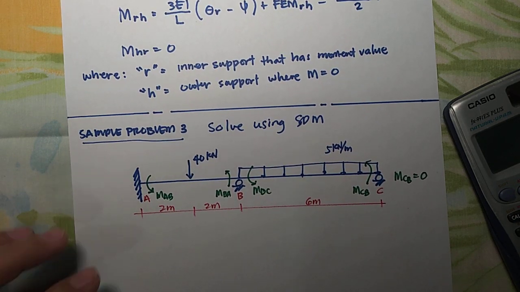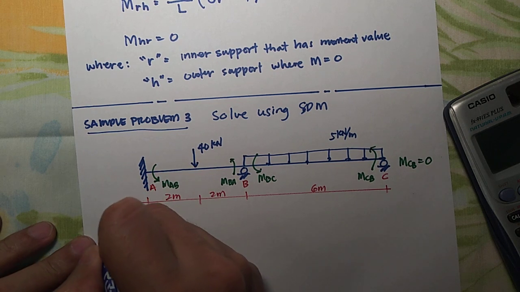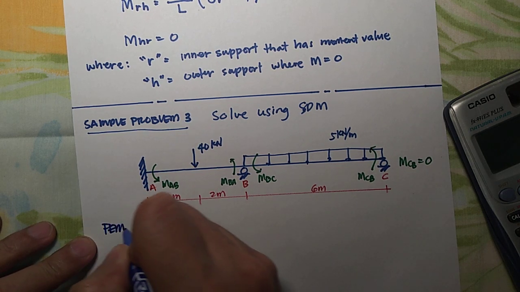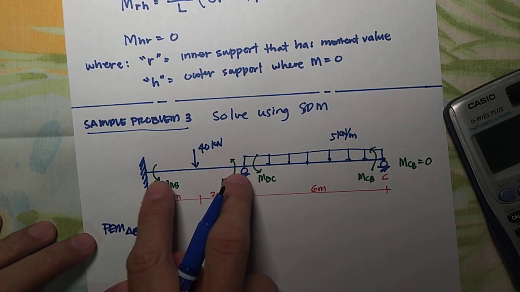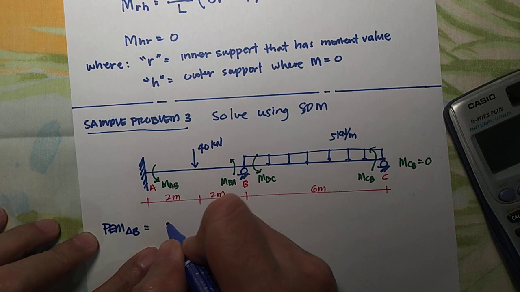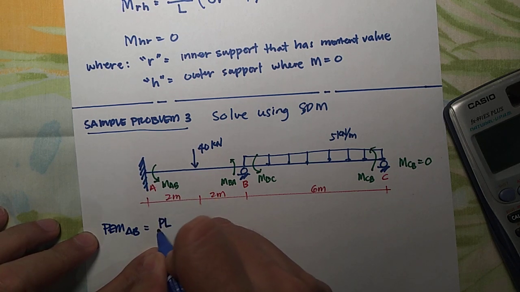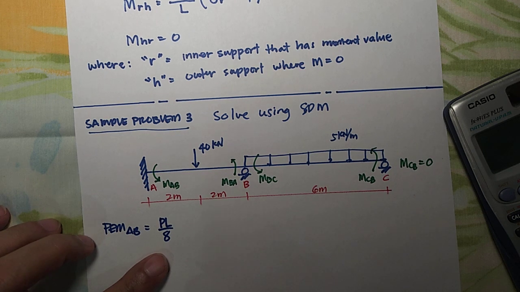So what are the fixed end moments here? For member AB, we have a concentrated load at the midspan, so the fixed end moment on AB would be PL over 8, as we have derived earlier in the previous discussions.